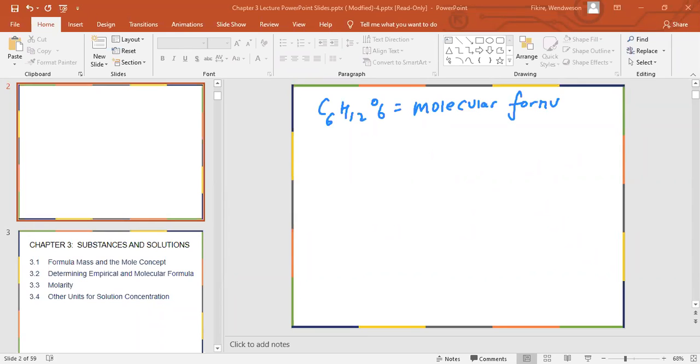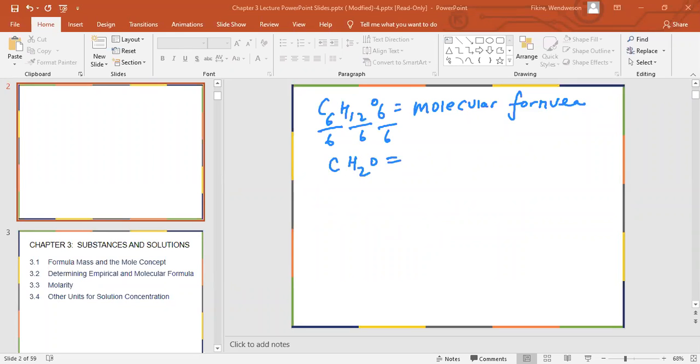Because it represents the actual number of atoms in a molecule, right? If I factorize this, or if I calculate the lowest whole number ratio, it's going to be CH2O.